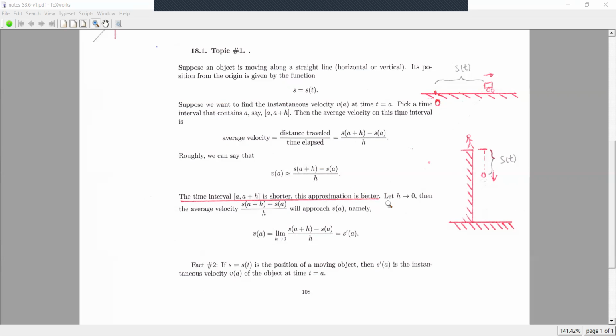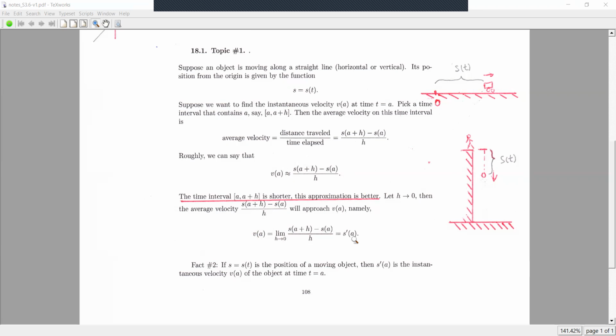Now, let h approach 0. Then this quotient will approach some number. That number is the instantaneous velocity at A. In other words, instantaneous velocity at time A is the limit of this quotient.